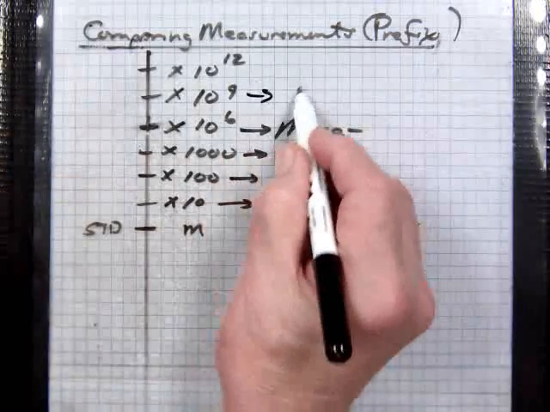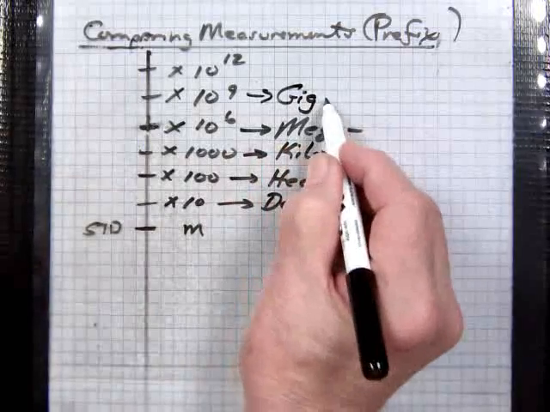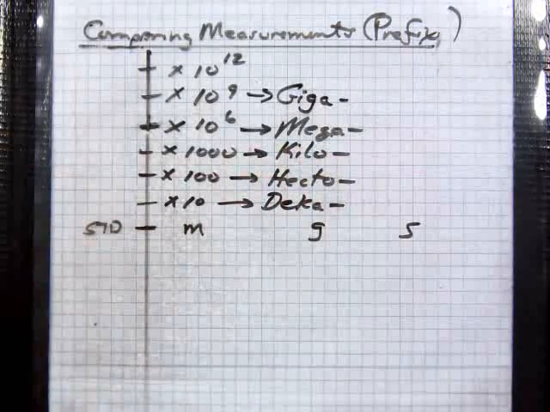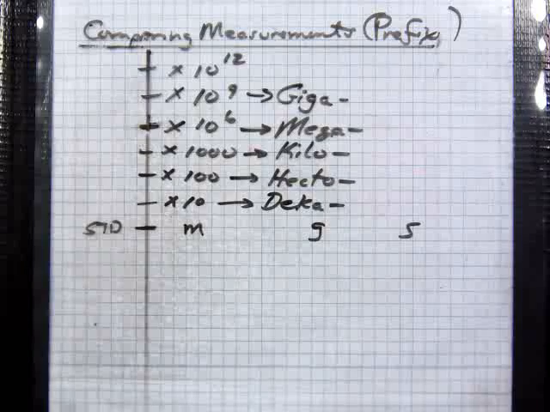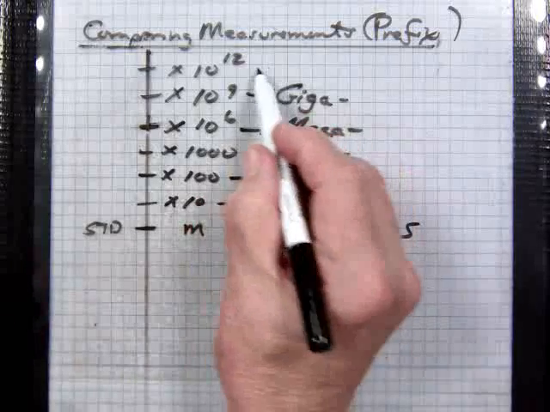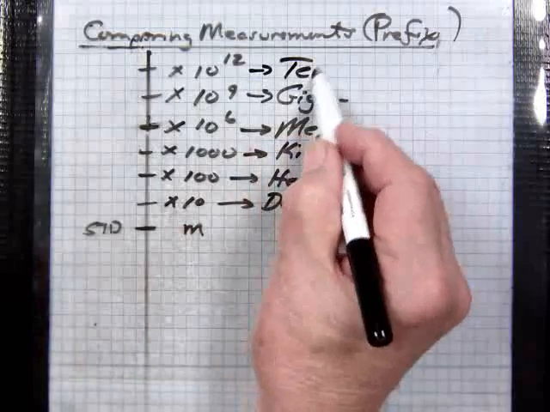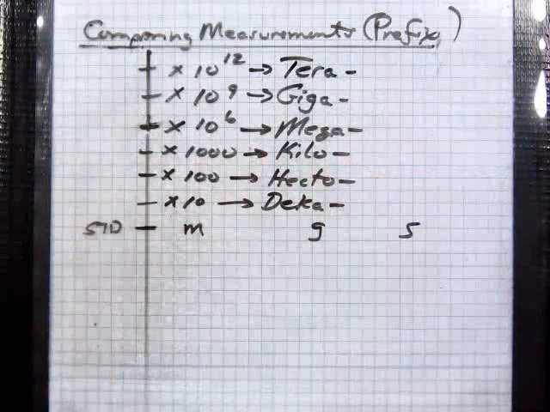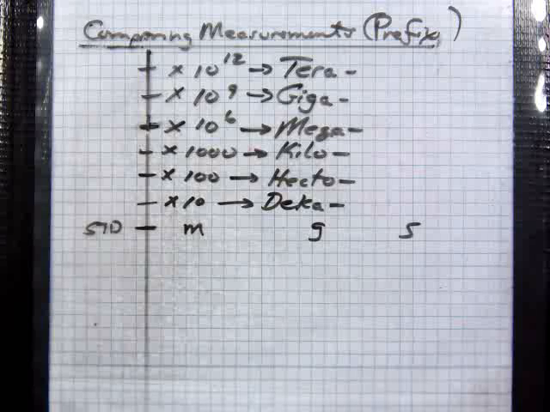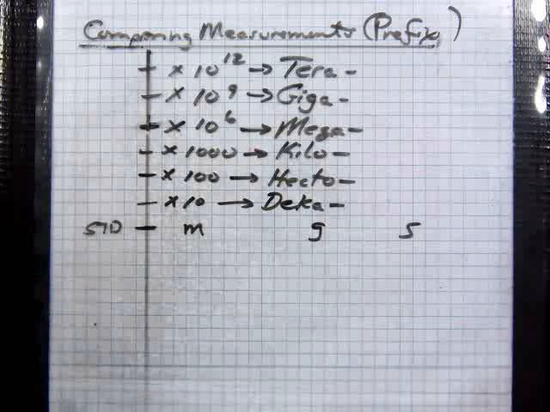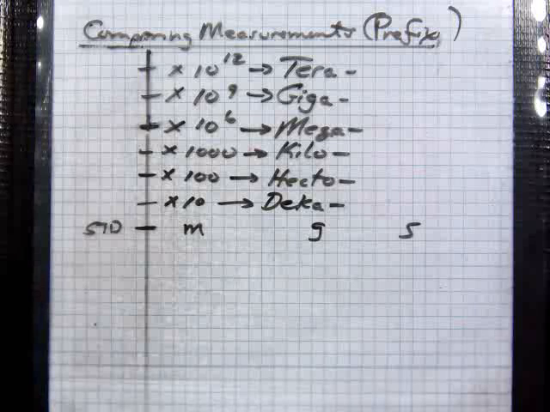Giga, you refer to that when you talk about storage in computers, gigabytes of storage, and something like that, and 10 to the 12th is tera. Same way, terabytes and so forth. So by taking those prefixes and attaching them to the standard, we're talking about a large block of those units.